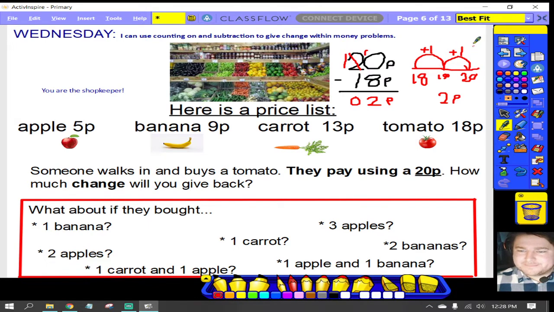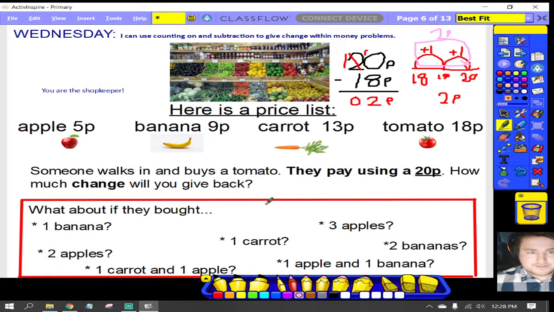So how many did we add all together? 2p. So counting on sometimes is so much easier than doing takeaway. It's worth looking at the upcoming questions to see whether or not that's an easier way of doing it.